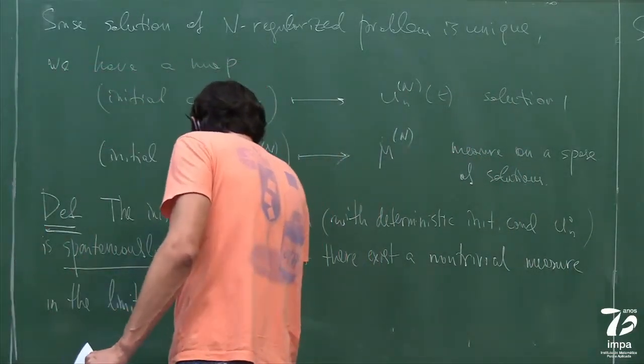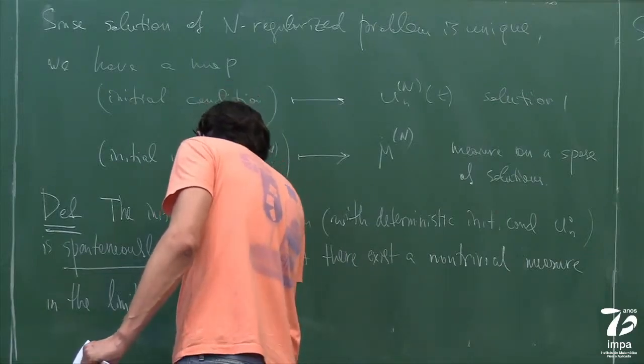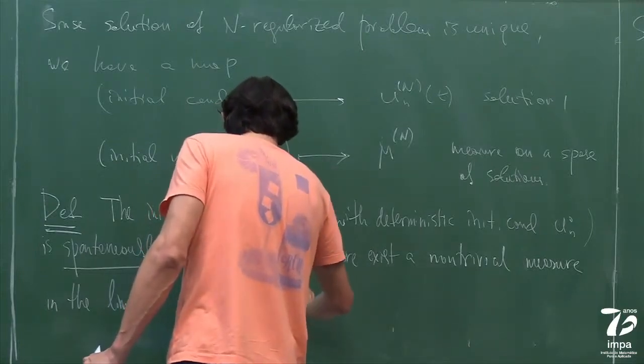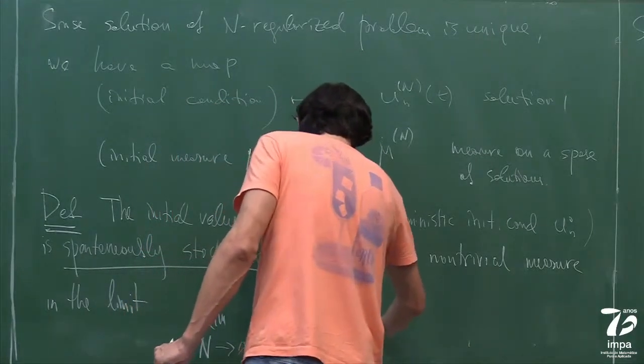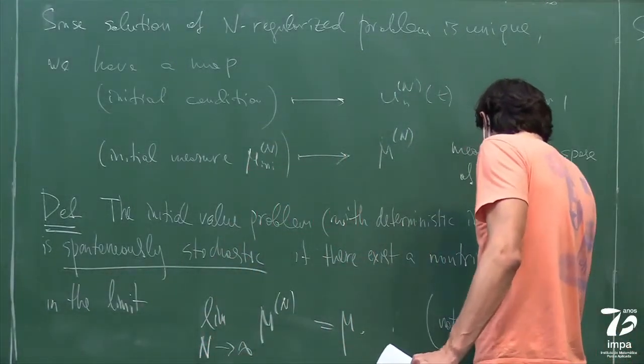So which limit? The limit of n goes to infinity, mu n should give us a measure, not along a subsequence.